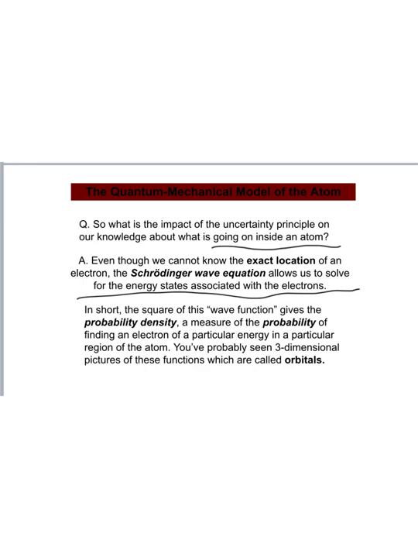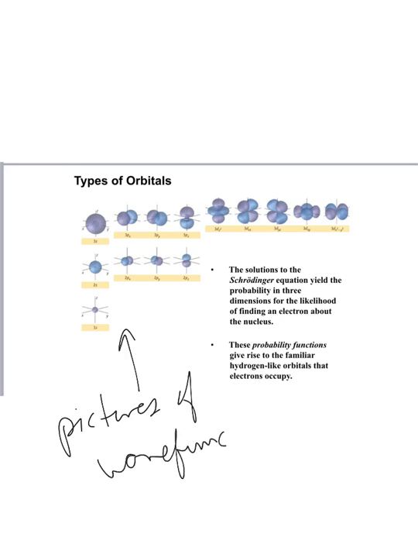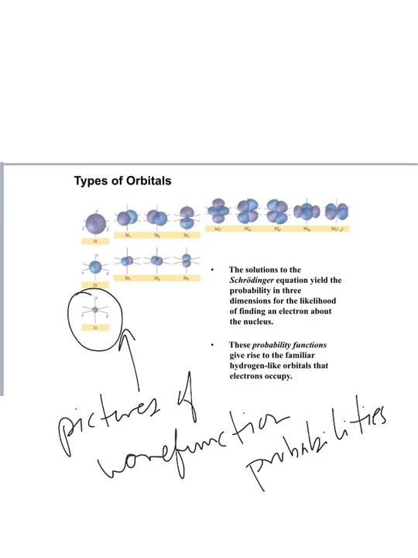These are called orbitals. So here's a bunch of pictures. What these are really pictures of are wave function probabilities. What this means, let's look at this little guy here. That tiny little sphere is a 1s orbital.